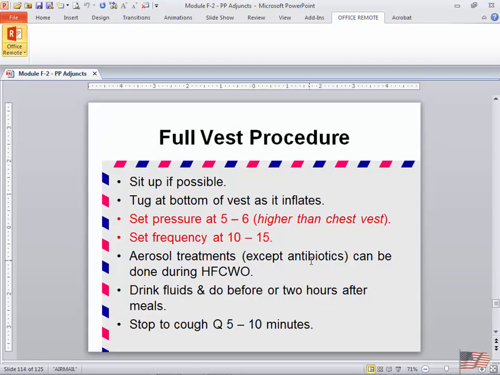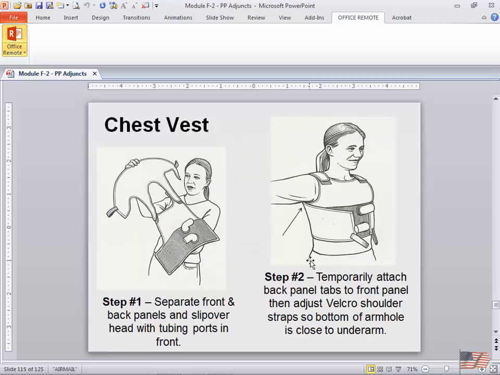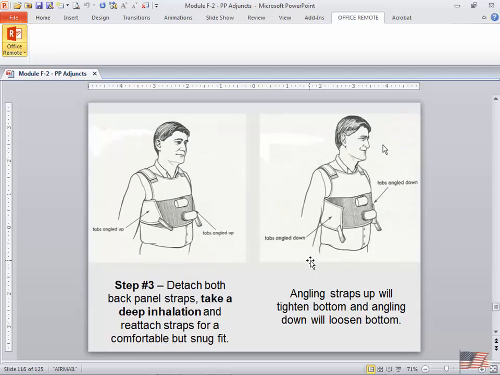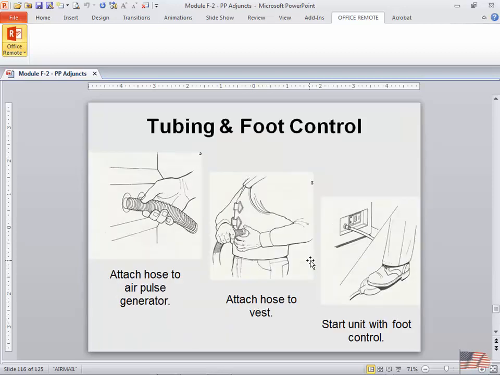Usually we want to start at a pressure about 5 to 6, a frequency of 10 to 15. And you can do therapy while you have the vest on. And in 5 to 10 minutes, stop and do a cough mechanism. Just another example of a not a complete vest, but just a chest vest, and how it attaches.